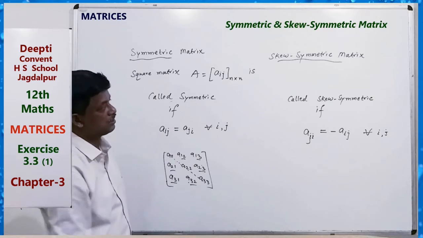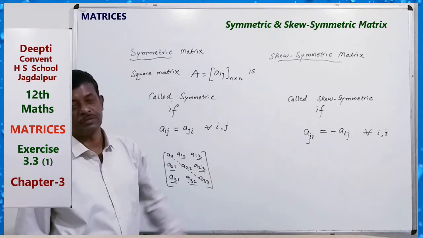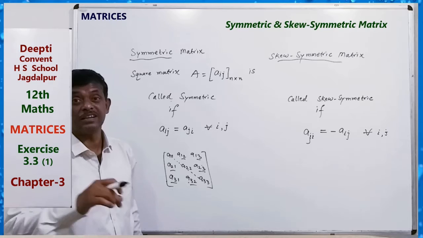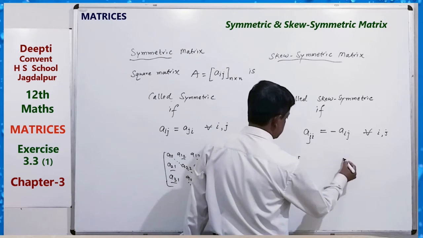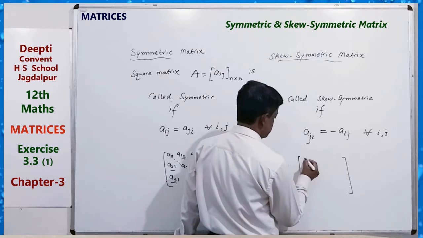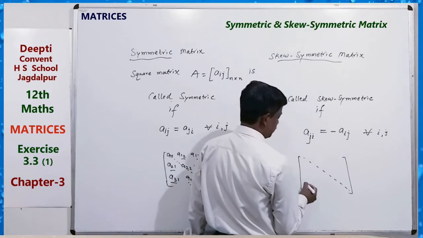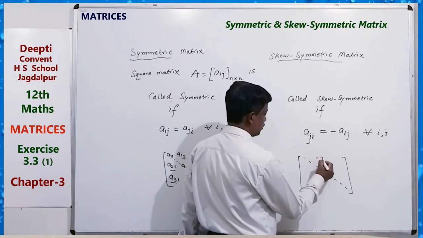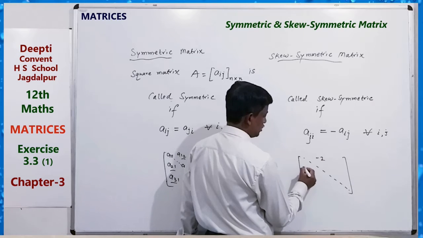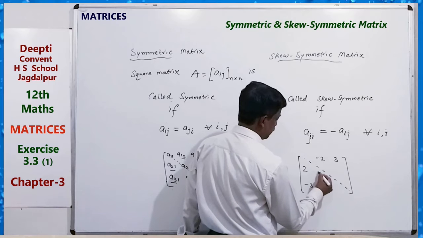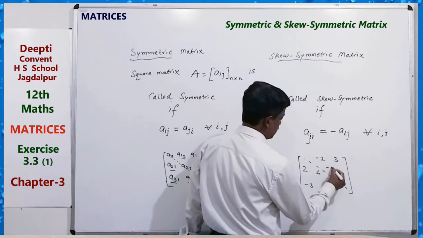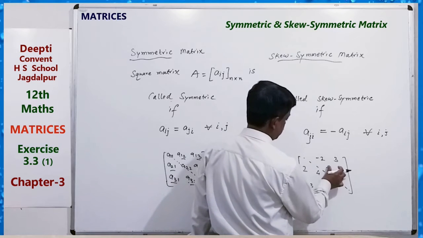And in the skew-symmetric matrix the mirrored elements have a negative sign, just like this. Suppose the elements are like this, with this as the diagonal. Here 2, then minus 2; here 3, then minus 3; here 4, then minus 4.